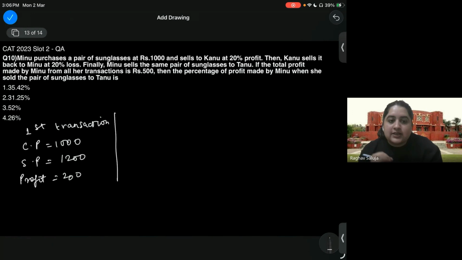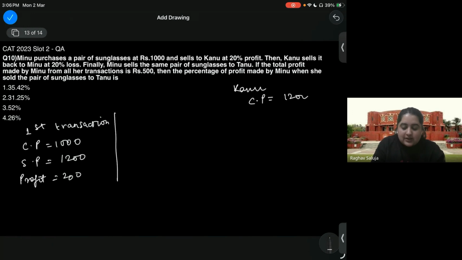So Kanu sells it back to Meenu at 20% loss. Okay. So for Kanu, the cost price was 1200. That is the price at which Kanu bought from Meenu. And he sold this to Meenu at 20% loss. So selling price is going to be 0.8 into 1200. That is 960.